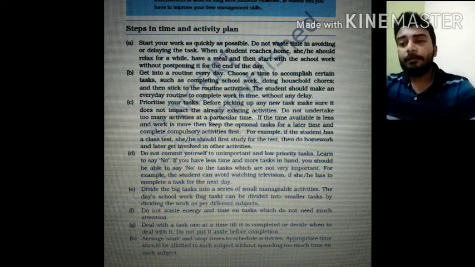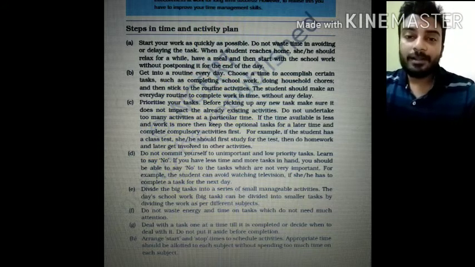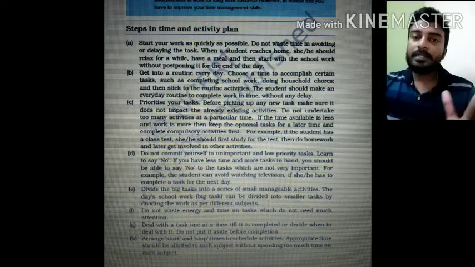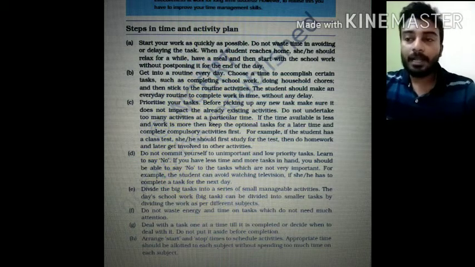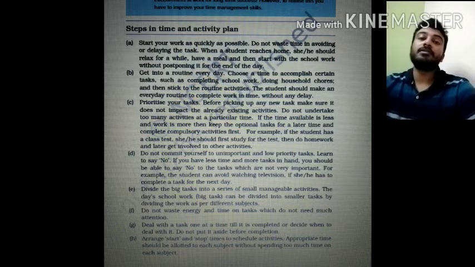Now divide the big tasks into a series of small manageable activities. This is a very important point: if a task that you are following is quite long, then you can break it into manageable activities. The day's school work, that is a big task, can be divided into smaller tasks by dividing the work as per different subjects.